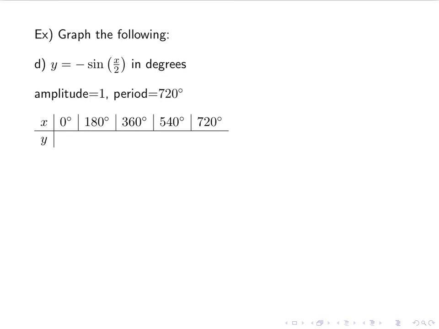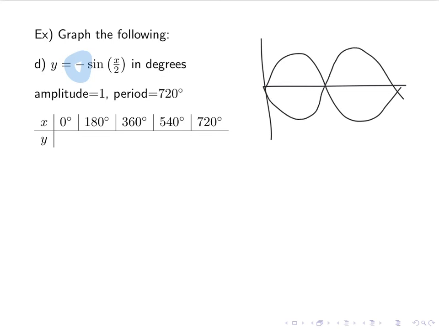So sine, and the general picture looks like this, but we're flipping it because we've got a negative. So if everything gets flipped, let me do that in a different color. Okay.